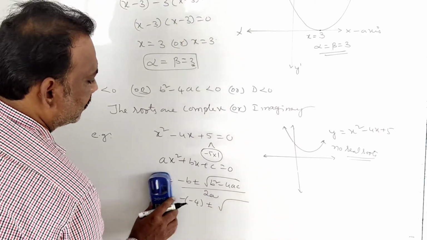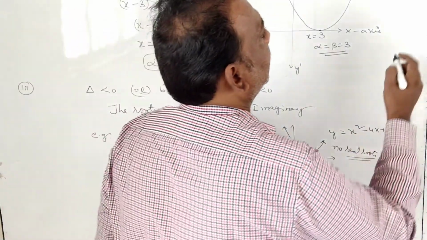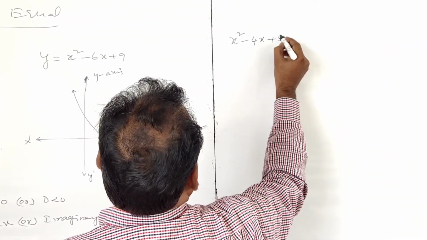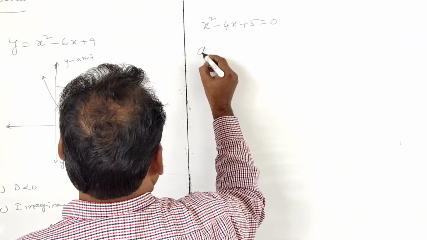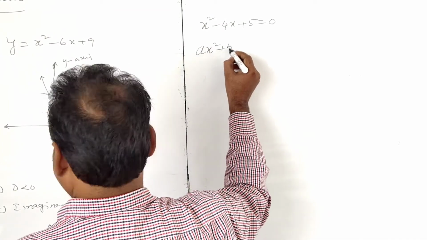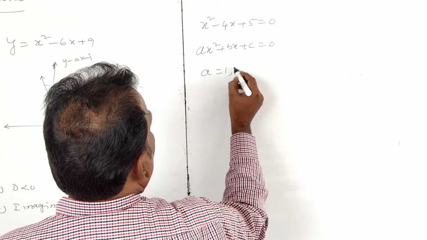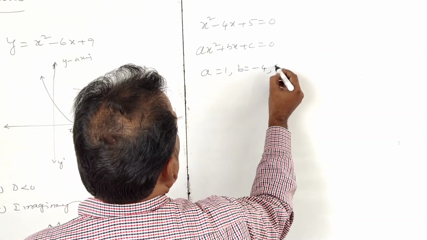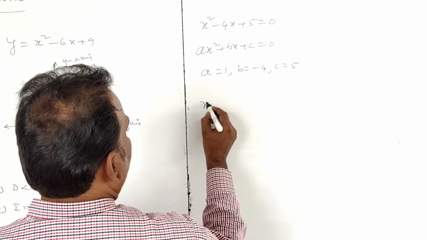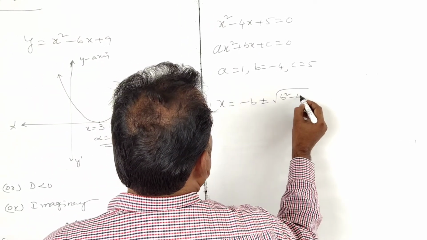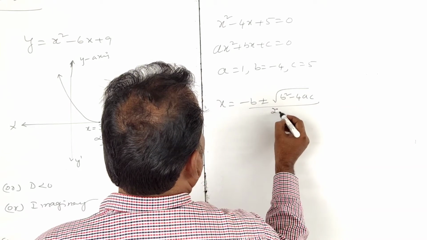I will explain here, students. See, x square minus 4x plus 5 is equal to 0. Comparing with ax square plus bx plus c is equal to 0, a value is 1, b value is minus 4 and c value is 5. So, x is equal to minus b plus or minus square root of b square minus 4ac by 2a.